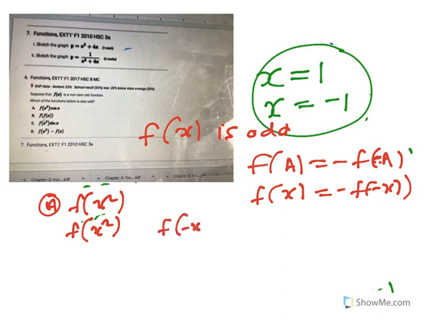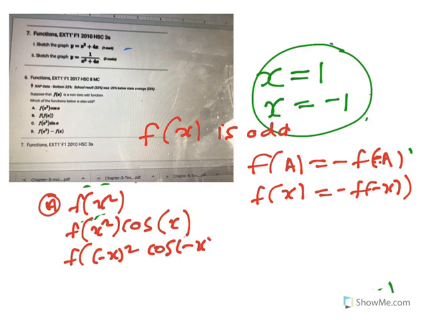But if I put in negative x, I get negative x squared. Sorry, I keep forgetting the cos on this one. You get cos of x. But if I put in a negative, then you get negative x squared, cos of negative x. For that to be odd, when I put in a positive and a negative, it should be the same thing, but it should have a different sign.